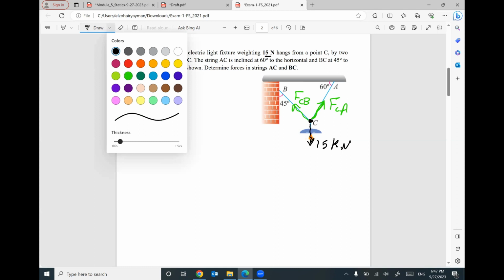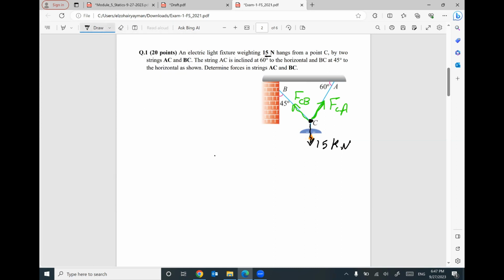So if you would like to draw the free body diagram at point C, I will have vertical weight 15 kilonewton, and I will have a force here in this direction, FCA with angle 60. Keep in your mind, don't be confused.